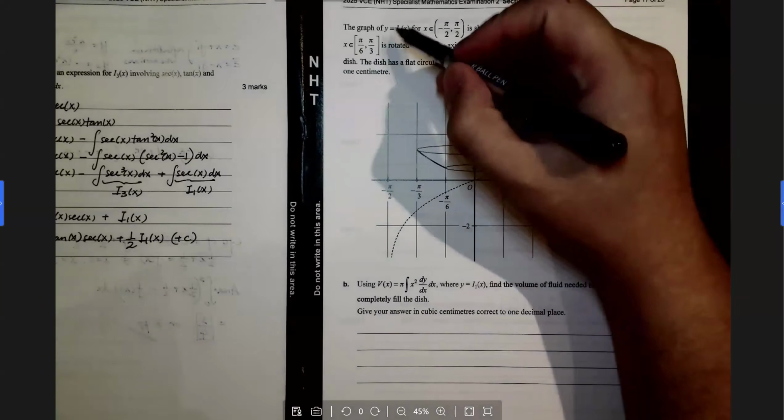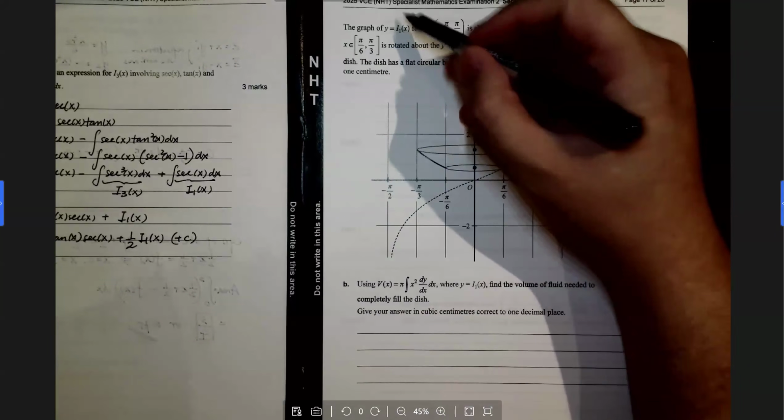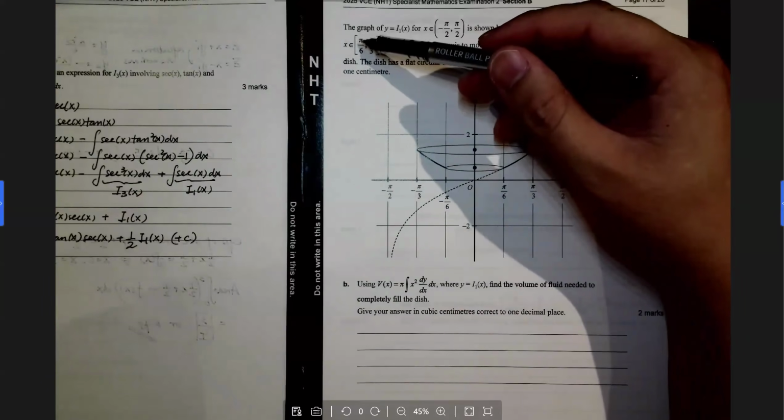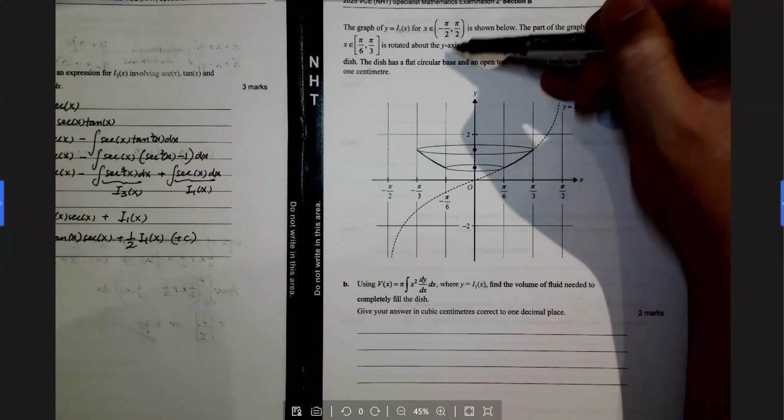The graph of y equals I1 of x, which is the integral graph for x between minus half pi to half pi, is shown below. The part of the graph where x is between pi on 6 and pi on 3 is rotated about the y-axis to model the curved surface of a small laboratory dish.